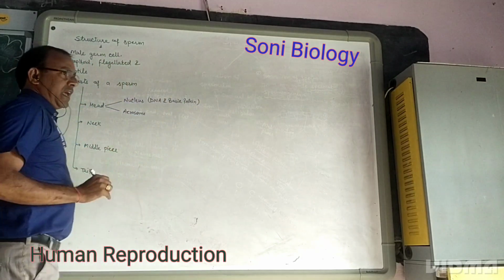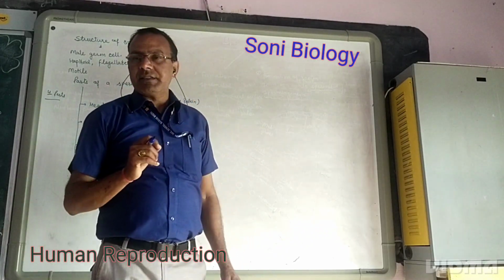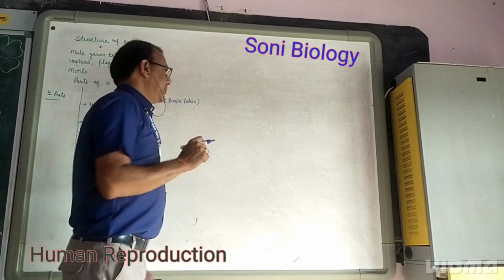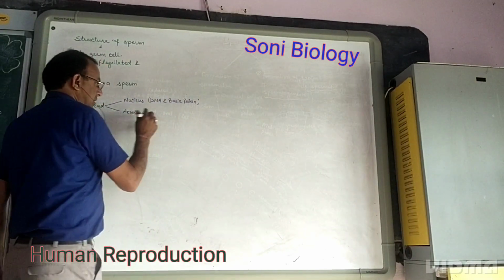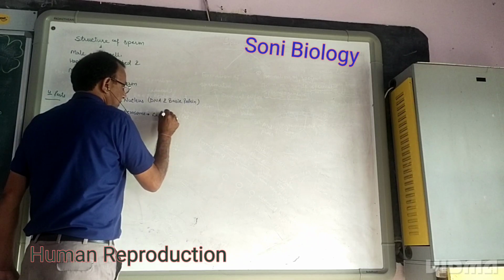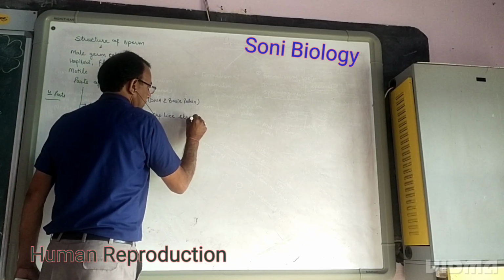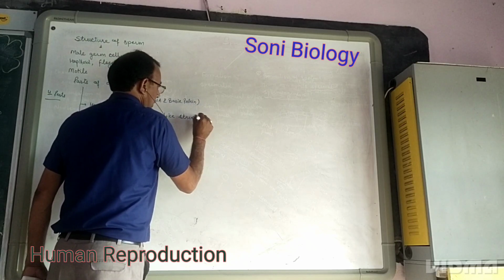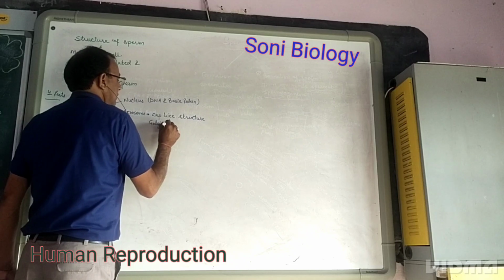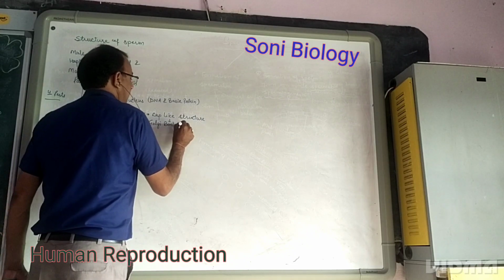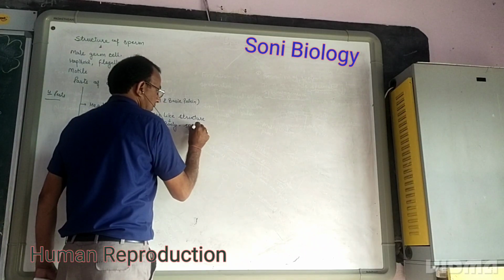The acrosome is a cap-like structure on the nucleus, which is formed by the Golgi body. The acrosome contains sperm lysin, an enzyme.